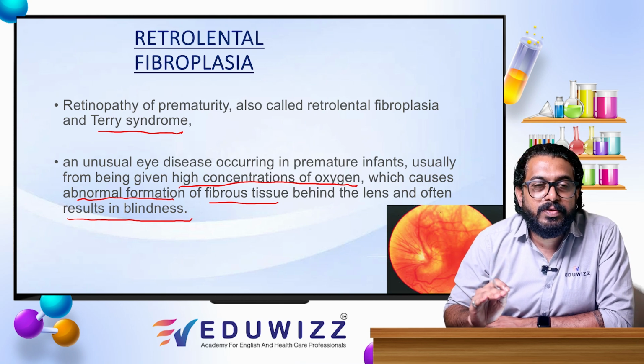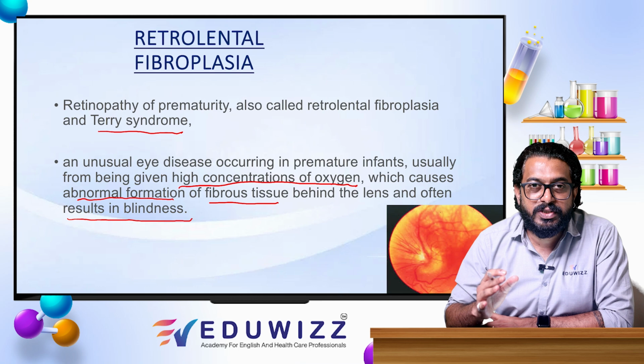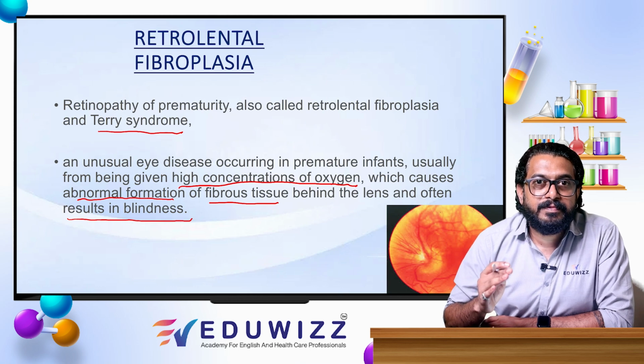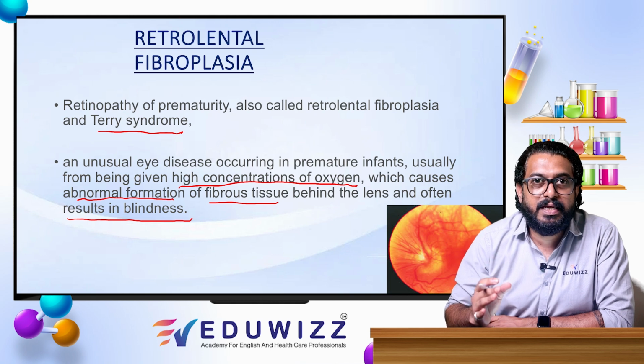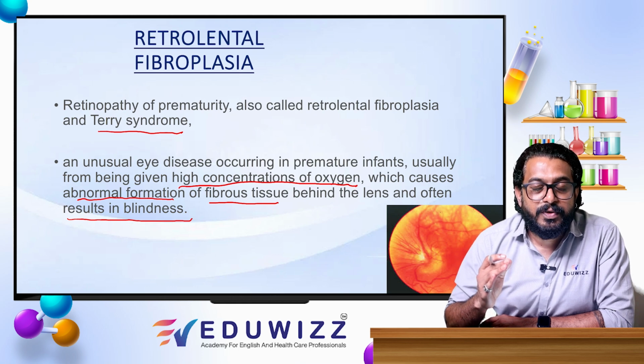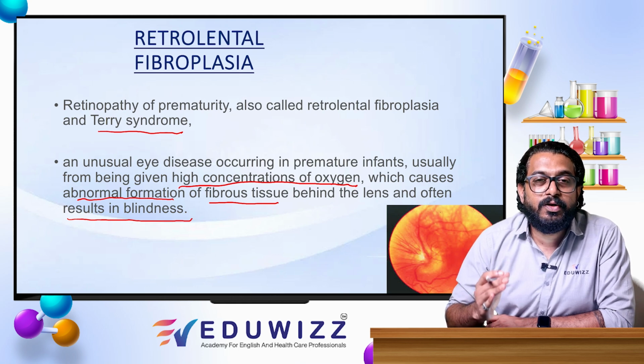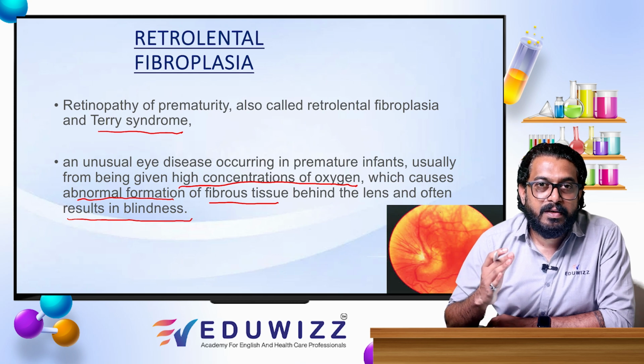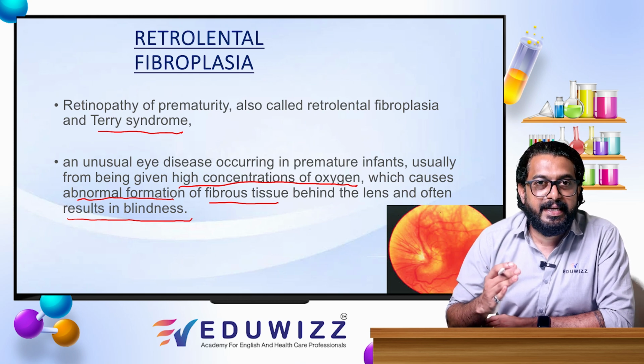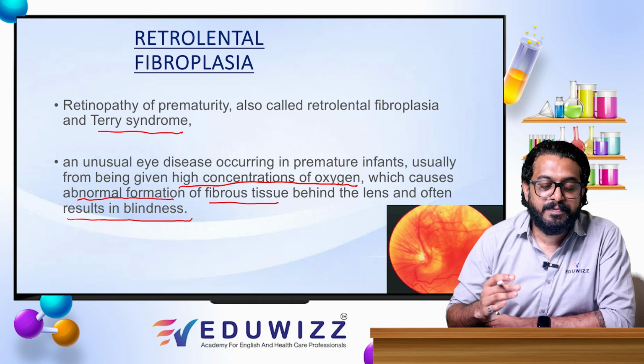So for a baby with neonatal respiratory syndrome, we should be cautious. We should always be monitoring the baby's saturation level and oxygen levels, because higher oxygen concentration results in this complication called retrolental fibroplasia or retinopathy of prematurity. The condition is explained again in detail in our classes.